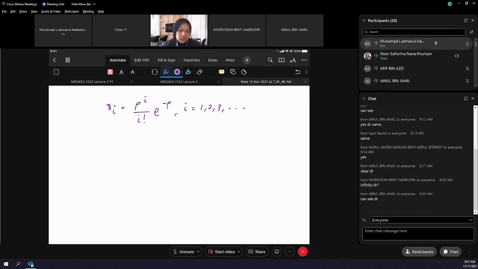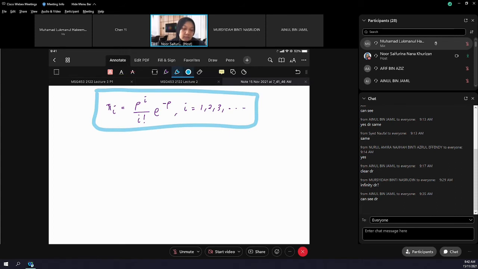So you need to determine the value of pi naught first, and then you can express pi I, the steady state probability distribution for your queuing system. If you get this value, good.